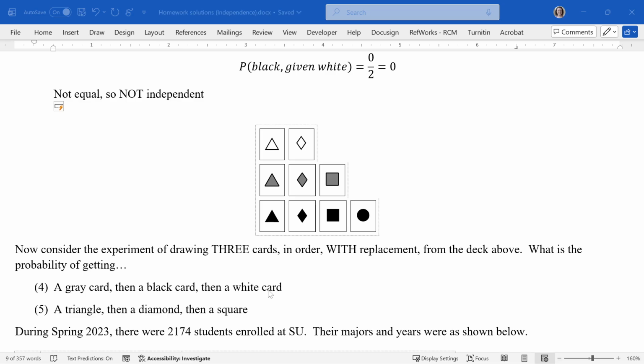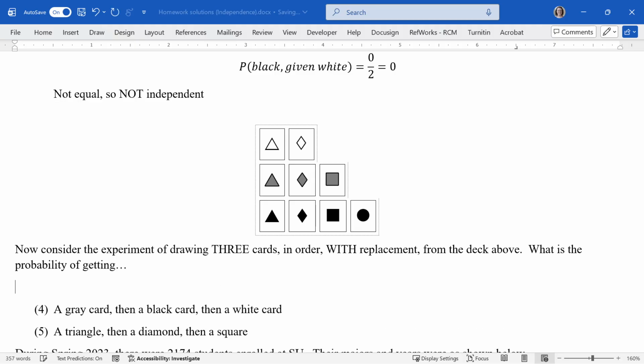Okay, so the reason this is in the same homework with independence is because when you know events are independent, you can just multiply their probabilities together. So if I'm putting the cards back in the deck every time, then the probabilities for each individual card are independent from each other. Okay, so that's the important thing to know here: when drawing with replacement, all events associated with different draws are independent.